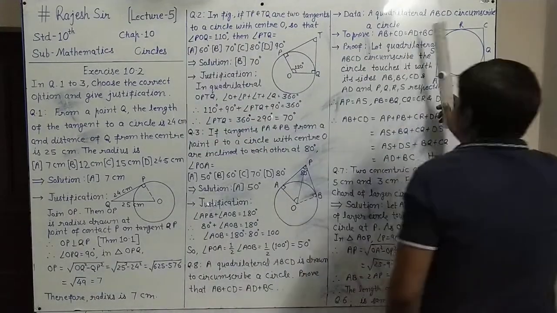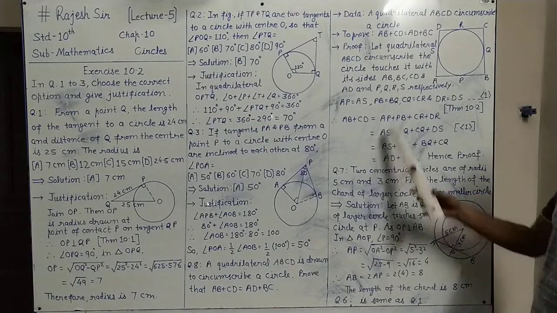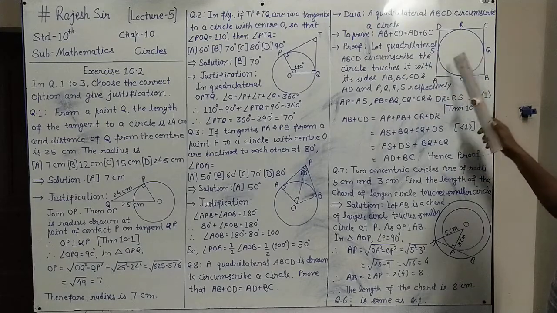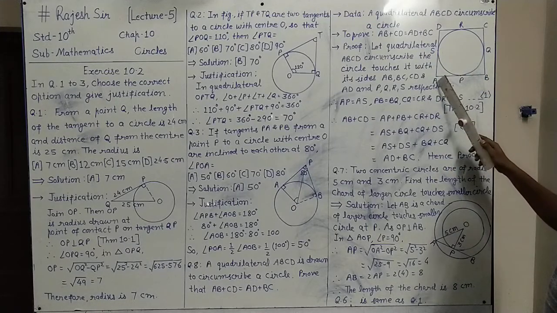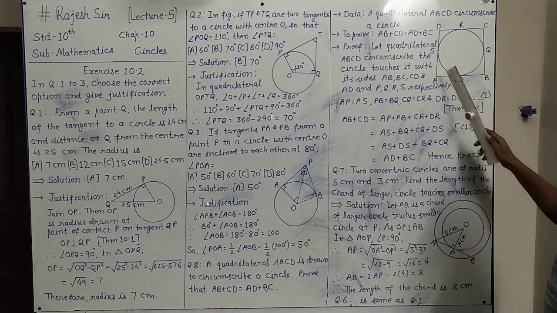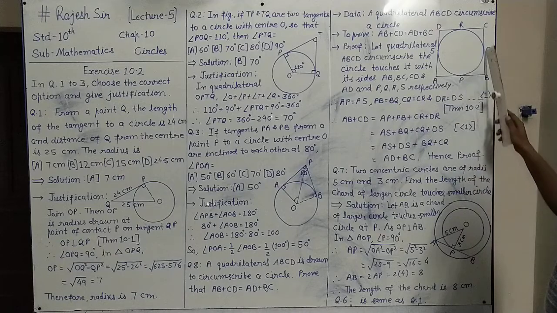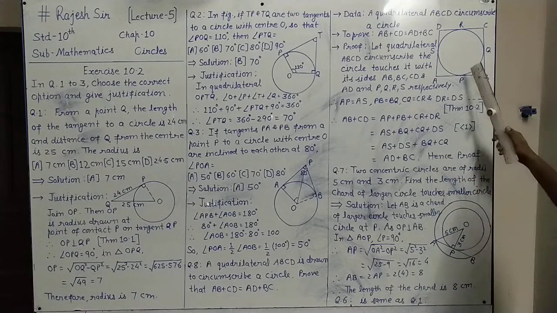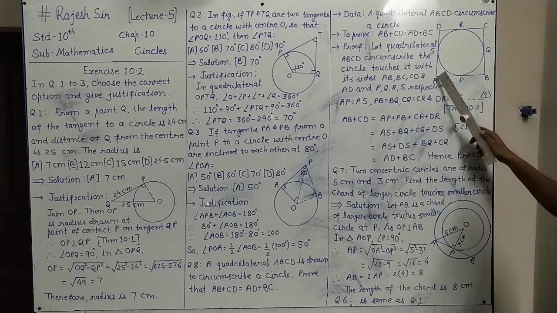That is the proof we want. In the proof, the quadrilateral ABCD circumscribes the given circle and all four sides touch it at P, Q, R, S respectively.